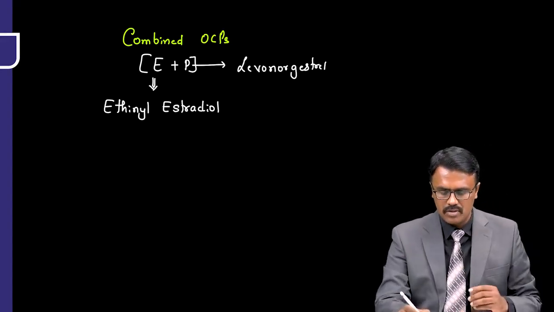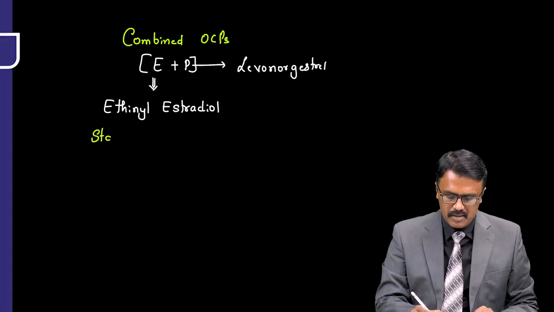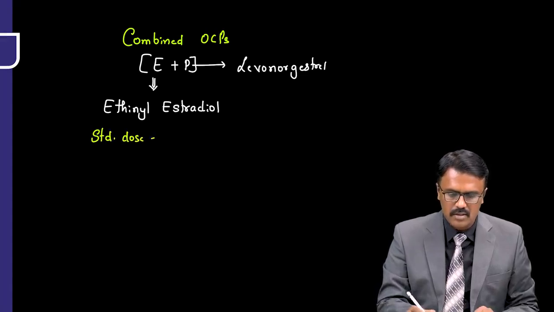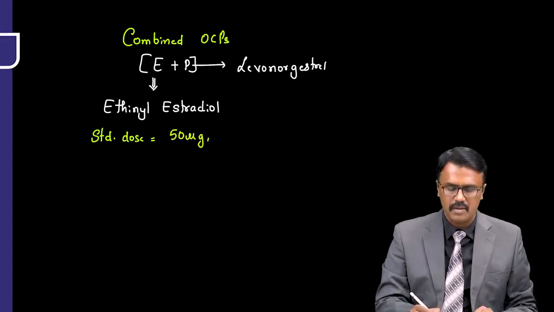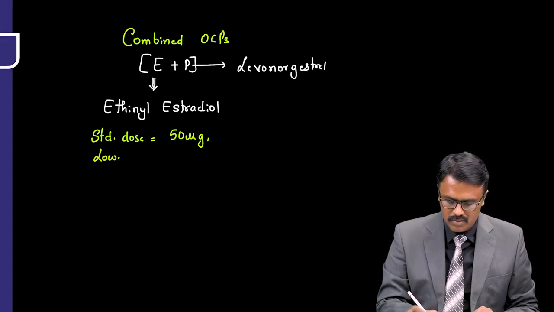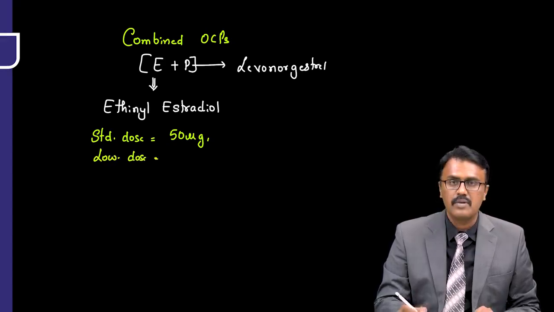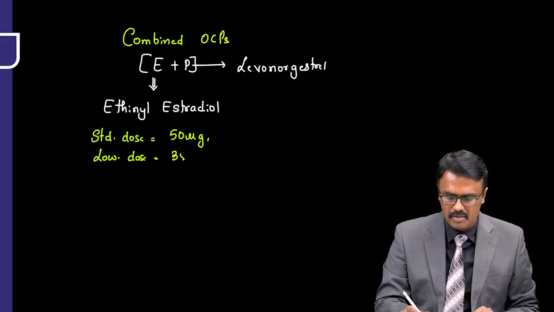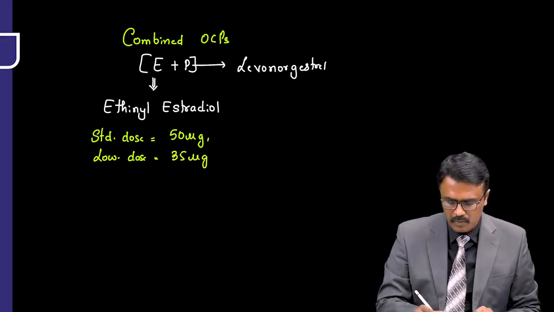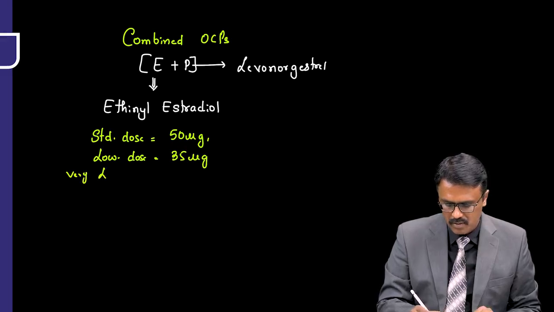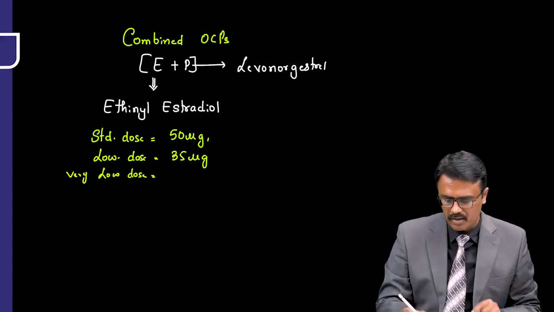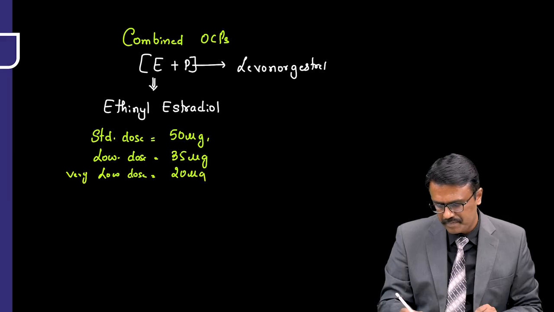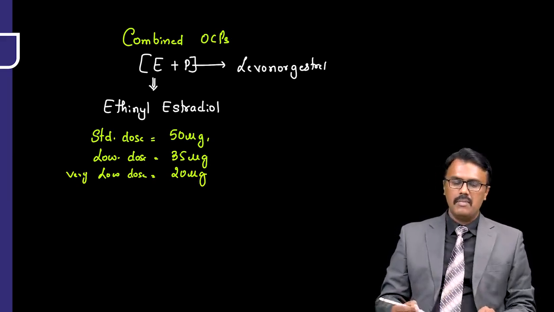So, what is the standard dose of ethinyl estradiol? The standard dose is around 50 microgram, and a lower dose is around 35 microgram. A very low dose of ethinyl estradiol is around 20 microgram. So these are combined together.